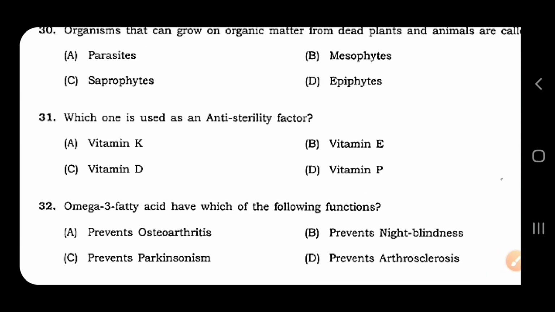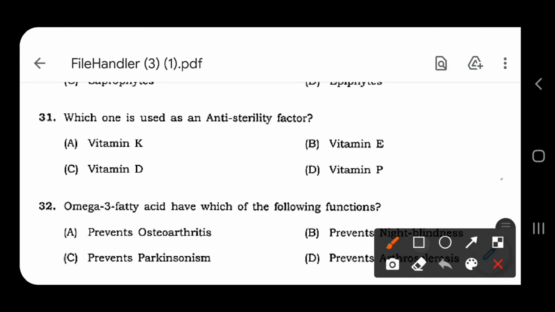Next is question number 31. Which one is used as an anti-sterility factor? The options are vitamin K, vitamin E, vitamin D and vitamin P. Here the correct answer is vitamin E, which is also known as tocopherol.